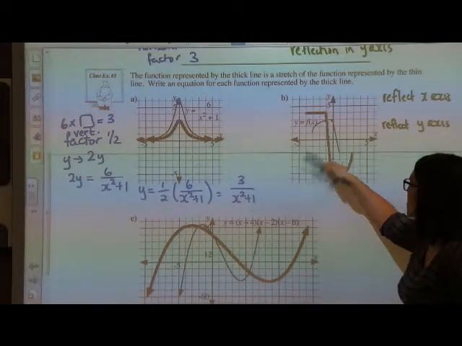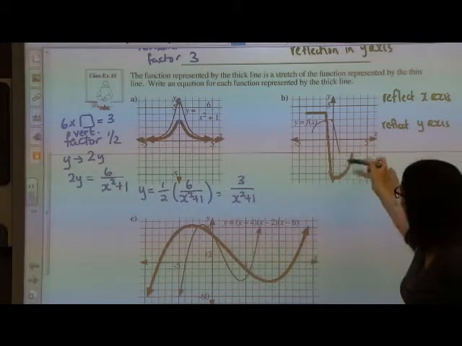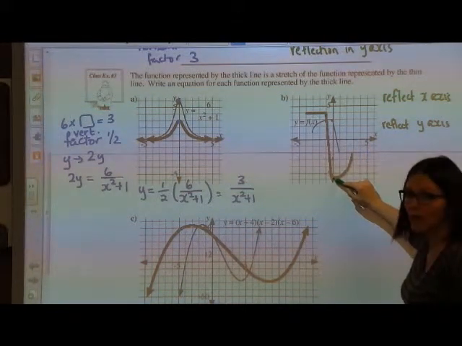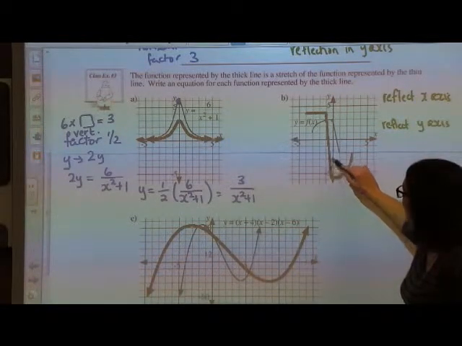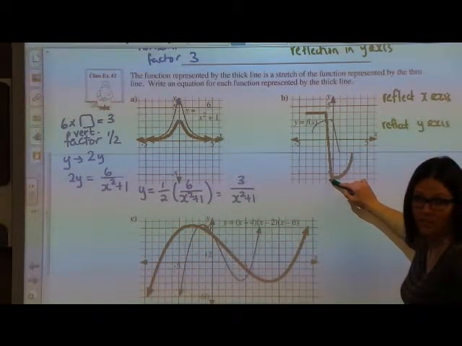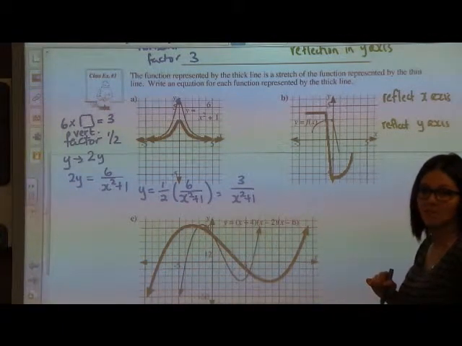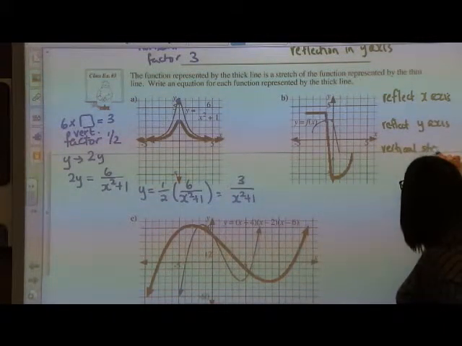It's not going to impact when I do the reflection along the y. So it went from -3 to -6. What's that a factor of? 2. So that's a vertical stretch factor 2.